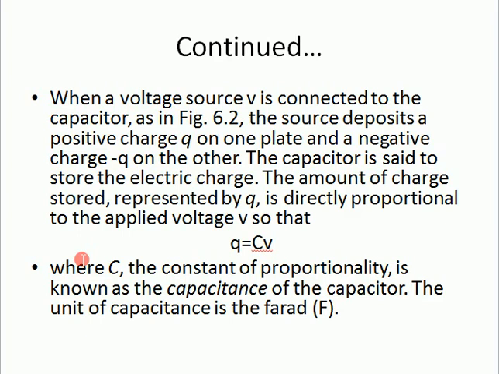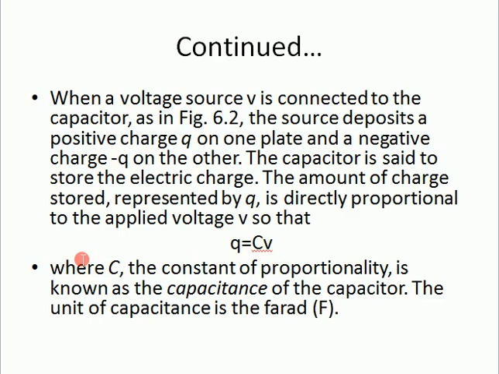So the capacitor is said to store the electric charge. Now what will be the amount of electric charge stored in the capacitor? We have a relationship here: the amount of charge stored, represented by Q, is directly proportional to the applied voltage V.